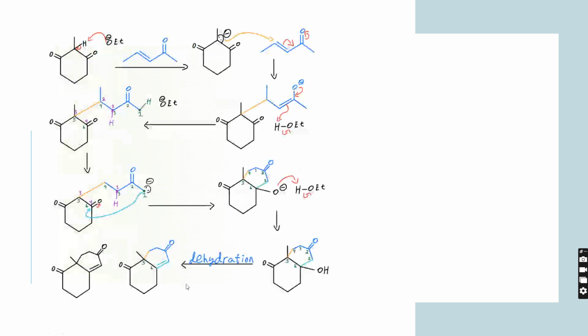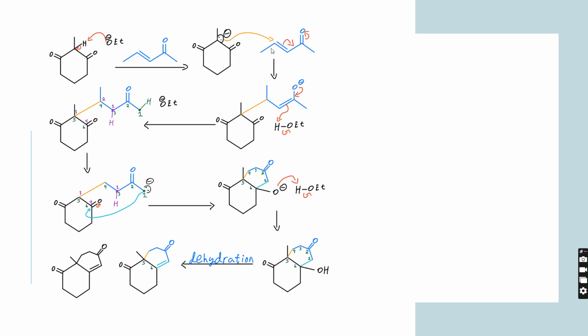What happened? First, the sodium ethoxide base abstracted the acidic proton which is present between the two ketones, because this is going to give you the thermodynamic enolate, and that enolate is going to attack at the alpha beta unsaturated ketone in conjugate addition fashion.